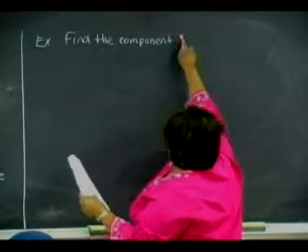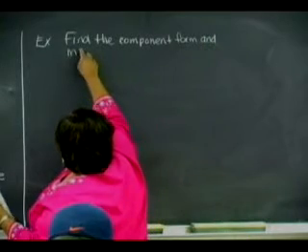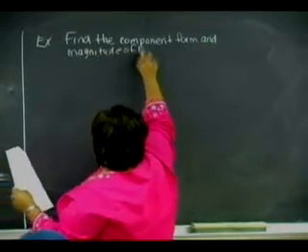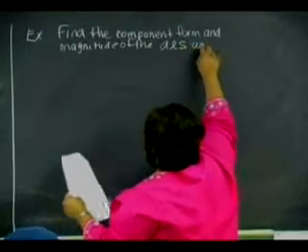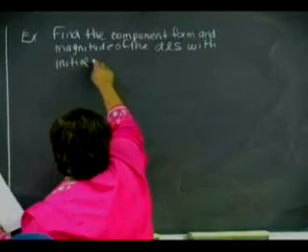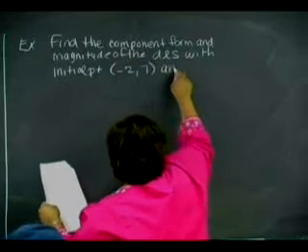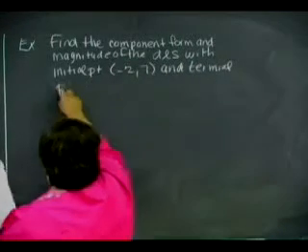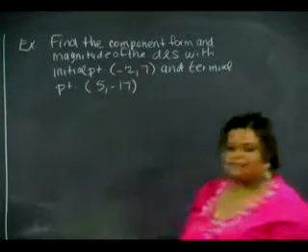Find the component form and magnitude of the directed line segment with initial point (-2, 7) and terminal point (5, -17).